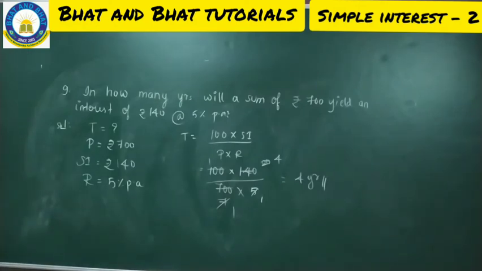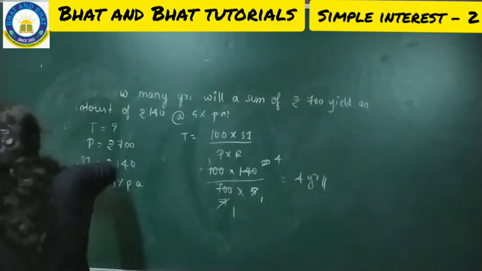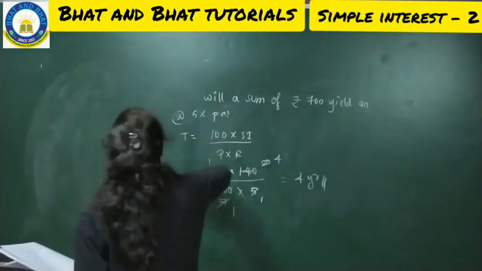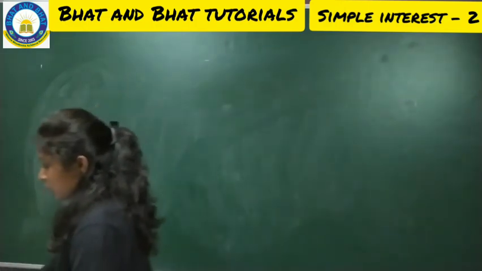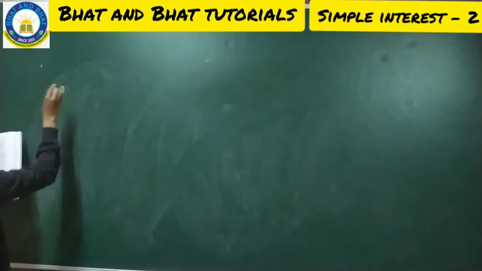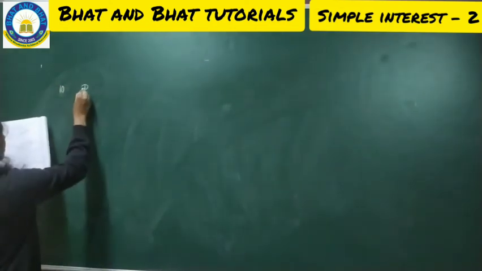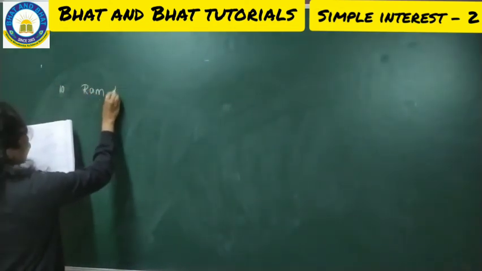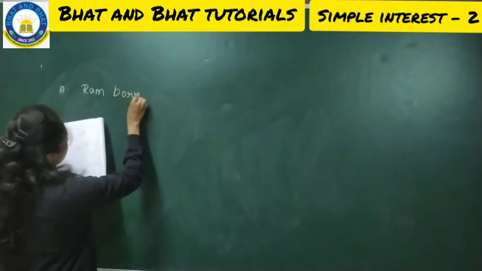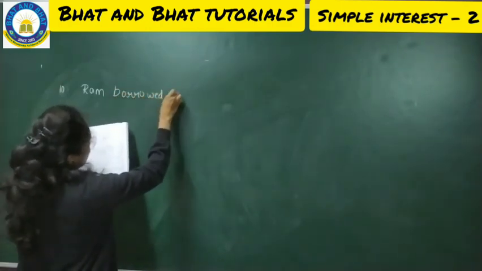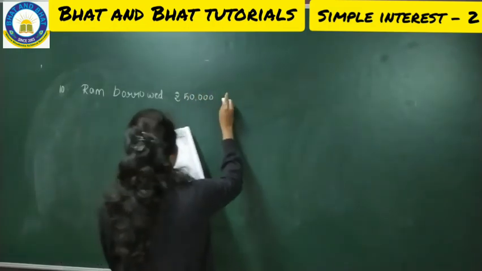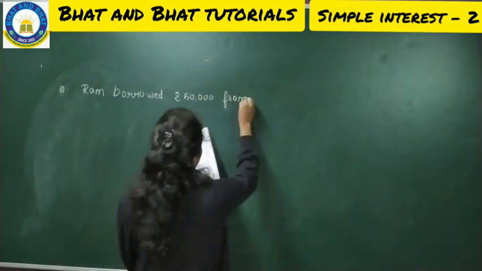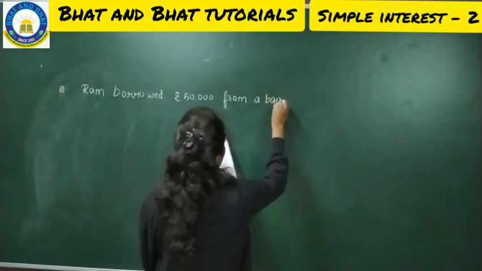So now let me go with the 10th one. If you have a look into the 10th question now. Question number 10. Ram borrowed rupees 50,000 from a bank.